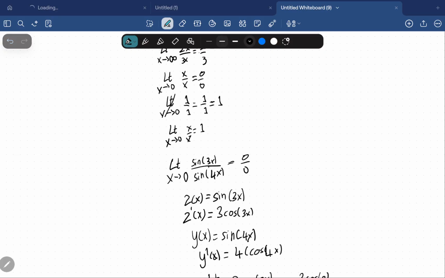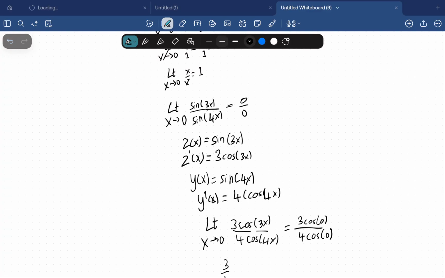This was in the form of that and it led to n1 over n2.